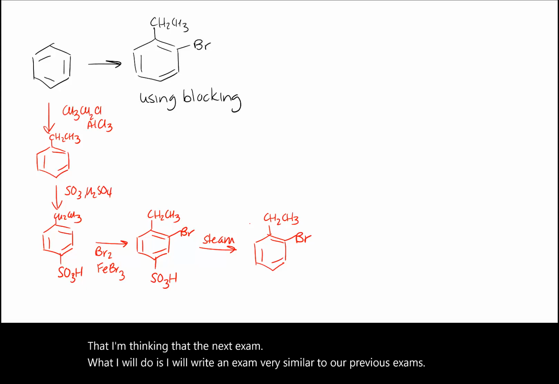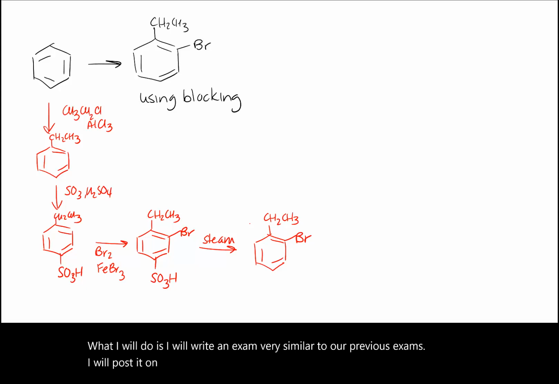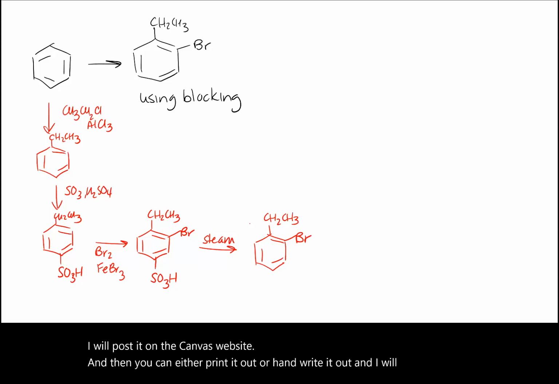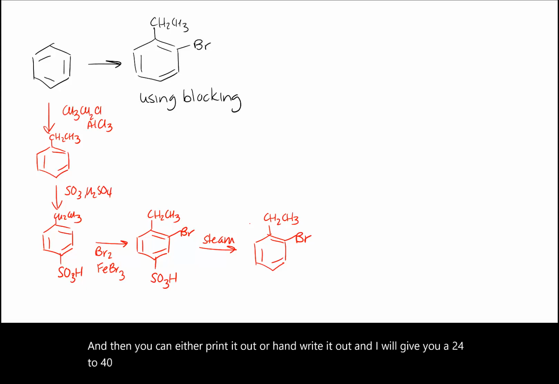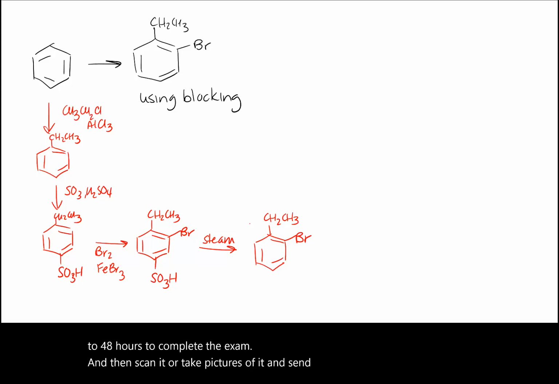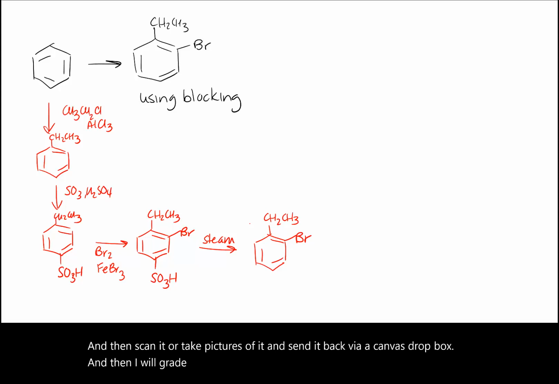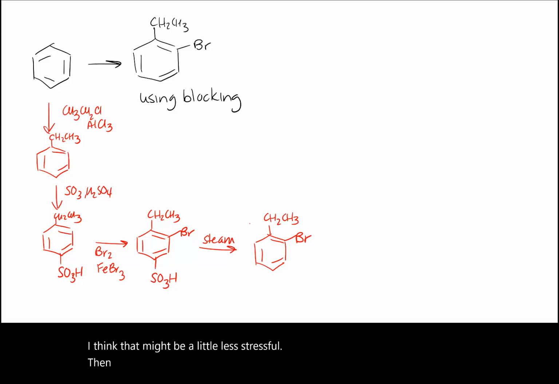I will post it on the Canvas website, and then you can either print it out or handwrite it out, and I will give you 24 to 48 hours to complete the exam, and then scan it or take pictures of it and send it back via a Canvas Dropbox. And then I will grade it. I think that might be a little less stressful than trying to convert all of this to a multiple choice format that we're not completely comfortable with yet.